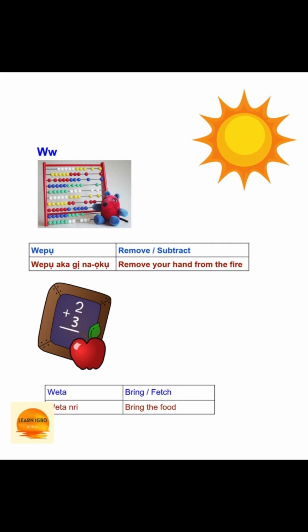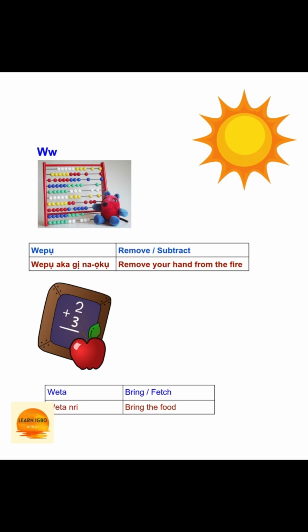When somebody says wepụ, they're probably talking about remove or subtract. Used in phrase or sentence. Wepụ aka gị n'ọkụ. Remove your hand from the fire.